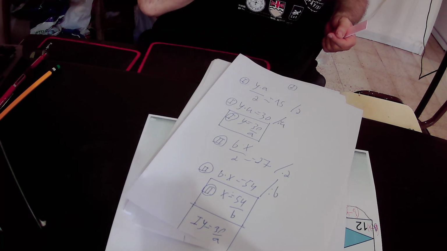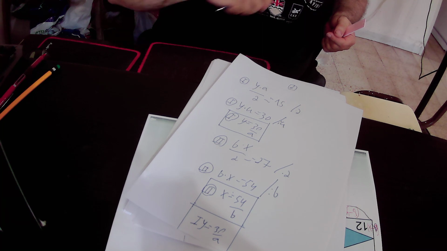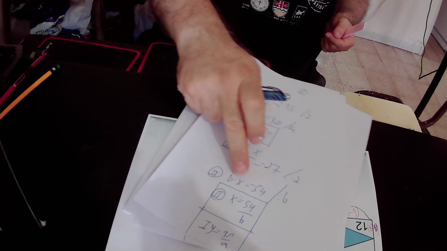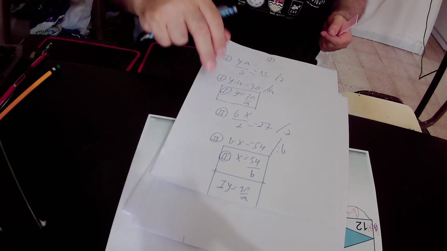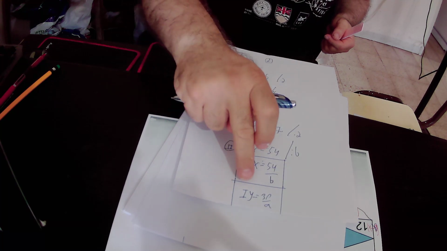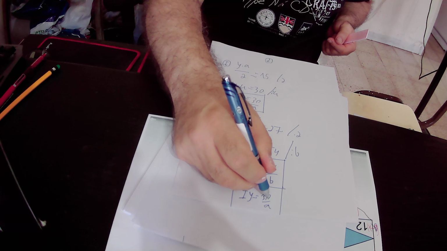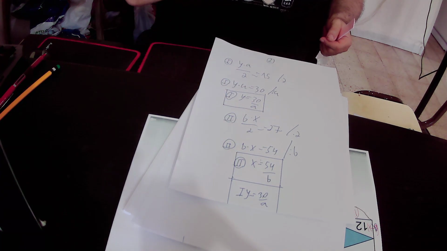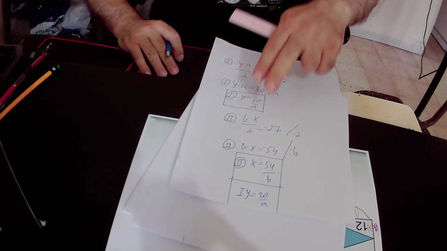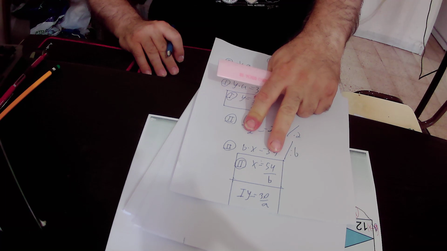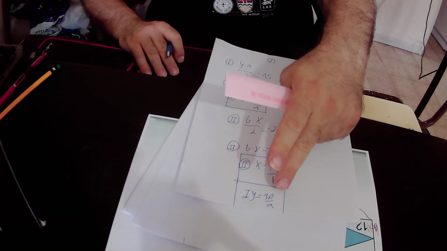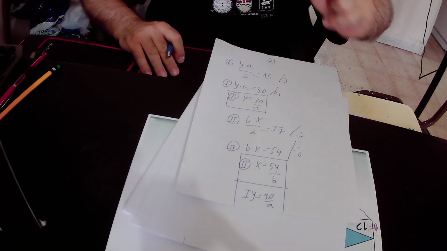In the next step, we substitute x by 54 over b and y by 30 over a in the third equation. Instead of x, we will write 54 over b, and instead of y, we will write in the third equation 30 over a. Okay, so we'll do it now.